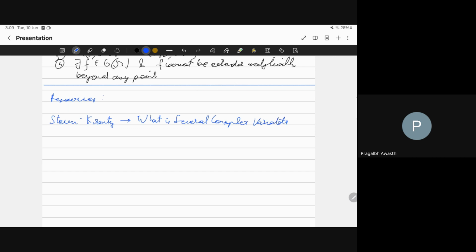And another article by an Indian author, whose name is Debraj Chakrabarti, who has written an article called "Several Complex Variables Are Better Than Just One."